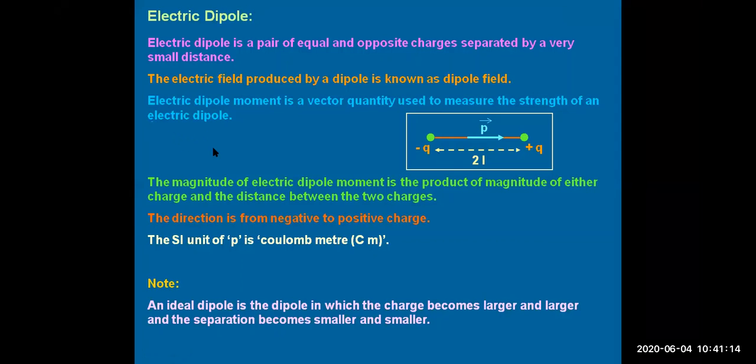Formula is P is equal to Q into 2L. This direction will always be from negative towards your positive. SI unit will be coulomb meter. Ideal dipole is the dipole in which the charge becomes larger and larger and the separation becomes smaller and smaller. How to draw it is given for you here.